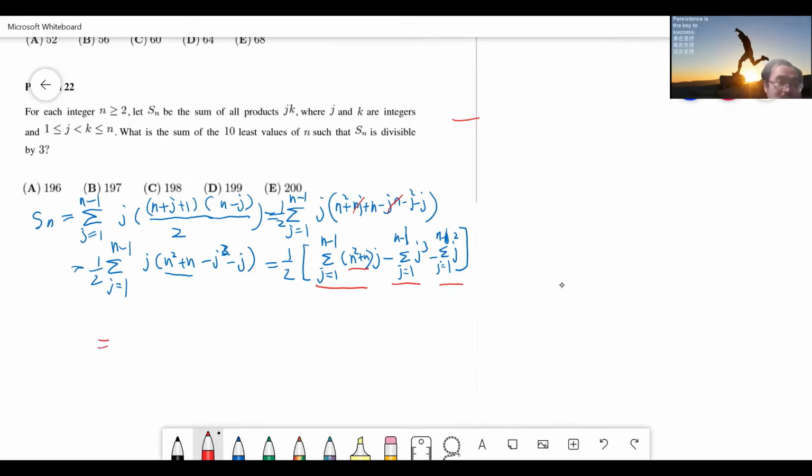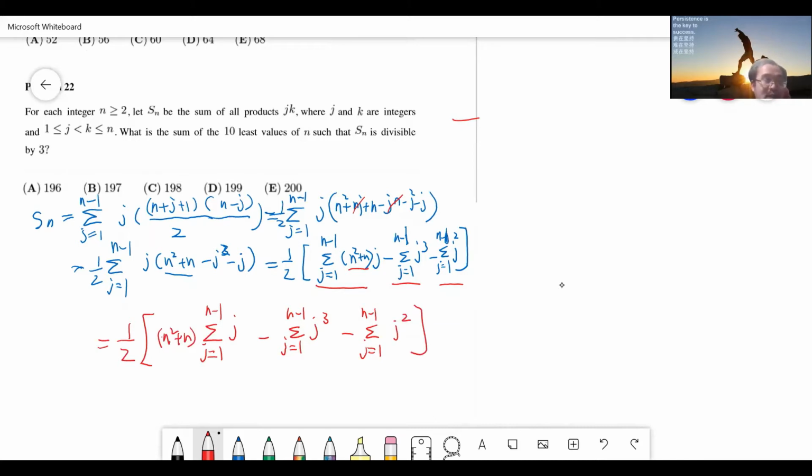So this is going to be 1/2 times n squared plus n times the summation j equal to 1 to n minus 1 of j, minus the summation j equal to 1 to n minus 1 of j cubed, minus the summation j equal to 1 to n minus 1 of j squared.